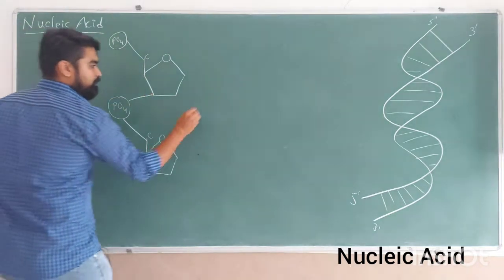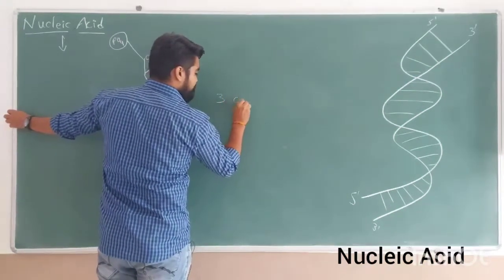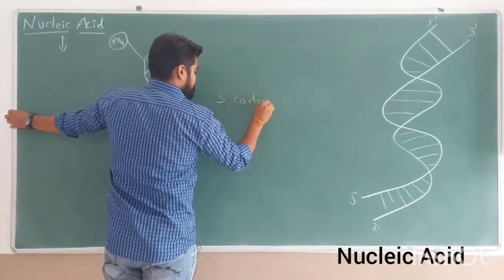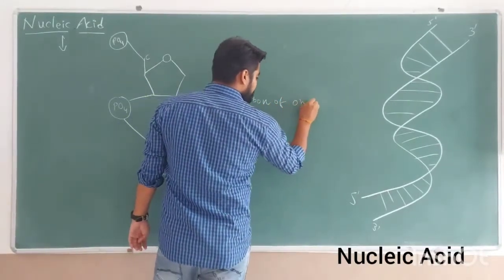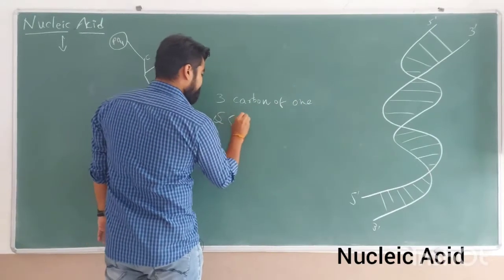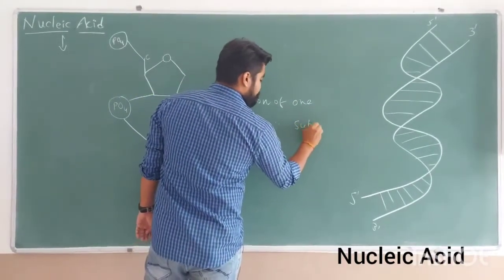The bond is between the third carbon of one sugar and the fifth carbon of the subsequent sugar.